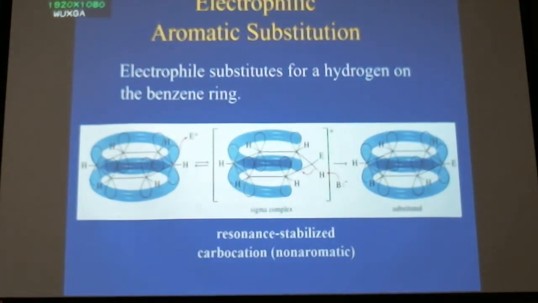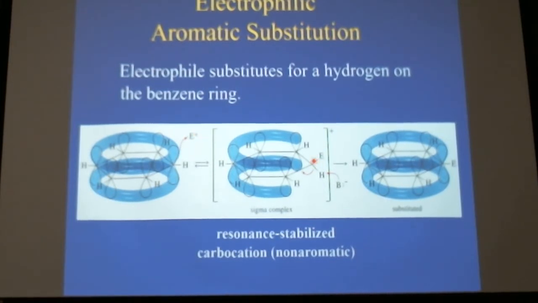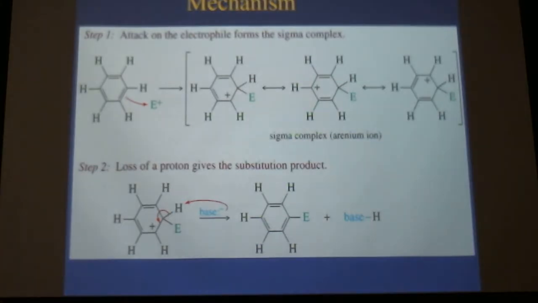Okay, so we have an aromatic ring, all my 6 p orbitals naturally overlapping, a continuous array of p orbitals with 6 pi electrons: aromatic. We attack a super electrophile, temporarily break the aromaticity, and create an sp3 carbon, but very quickly we re-aromatize, and we end up with a substitution reaction.